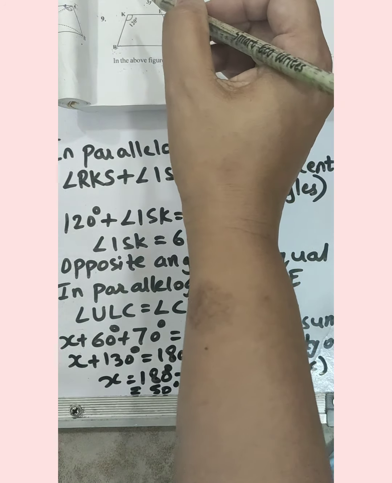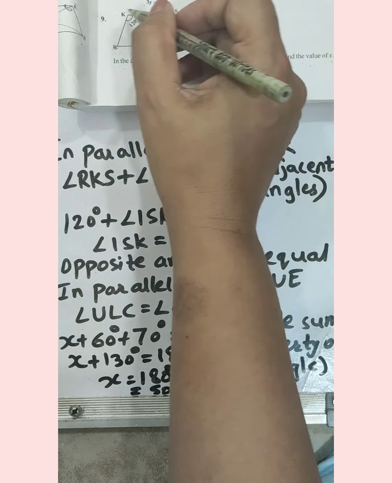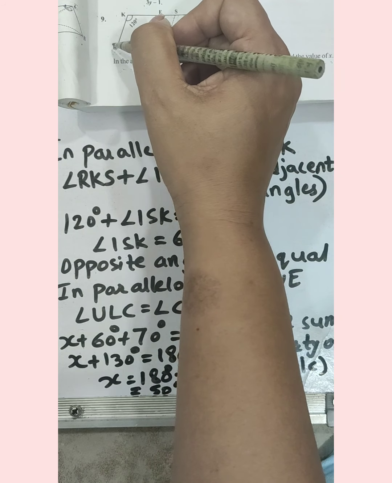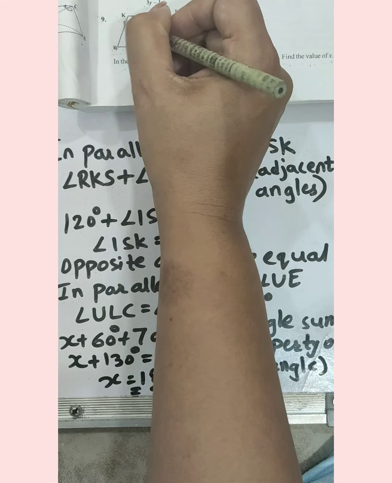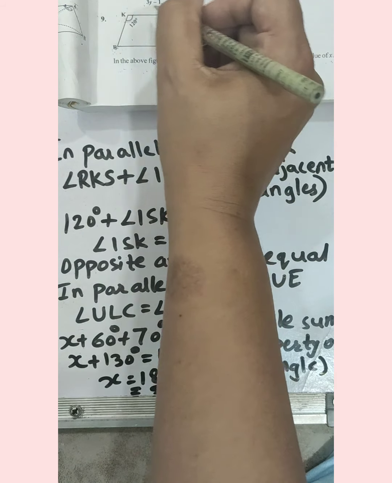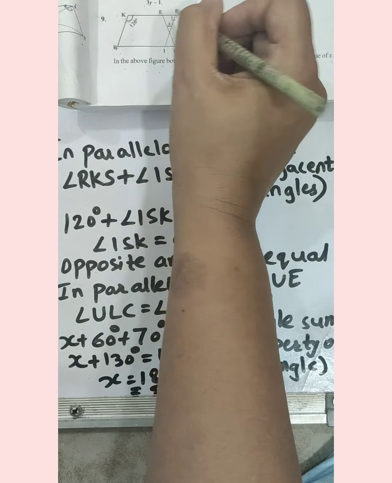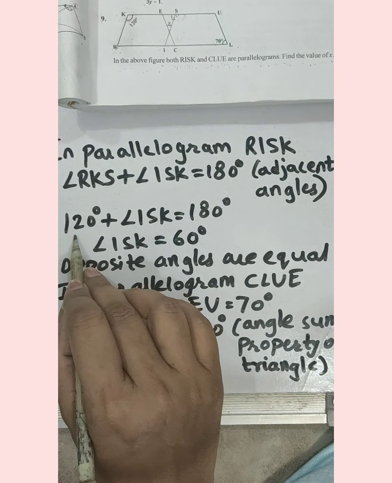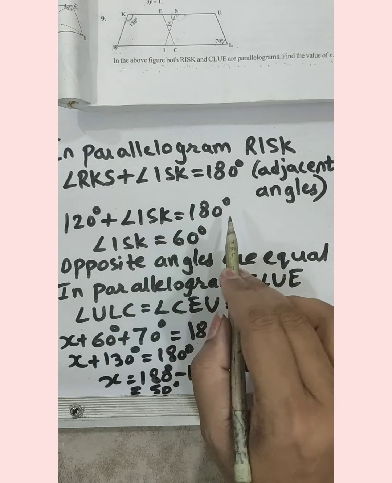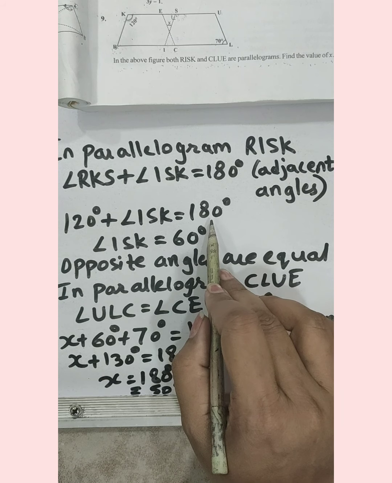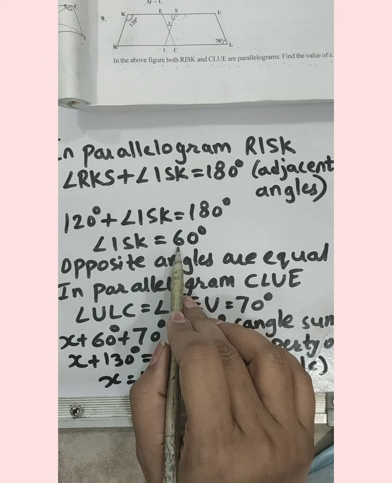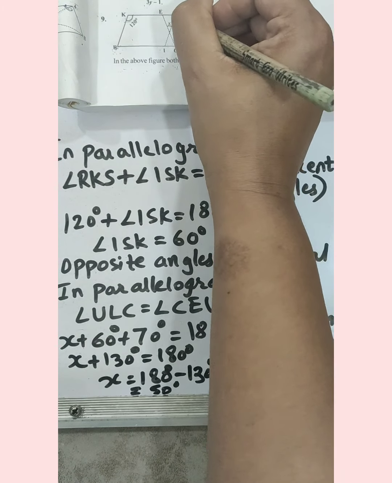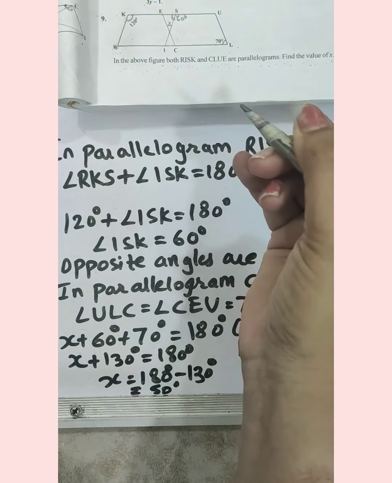Now in the parallelogram RISK, if I observe angle RKS and angle ISK, that is this 120 angle and this angle, both are adjacent to each other. So I can write 120 plus angle ISK is equal to 180, which will give me angle ISK is equal to 60 degree. So this angle is going to be 60 degree.